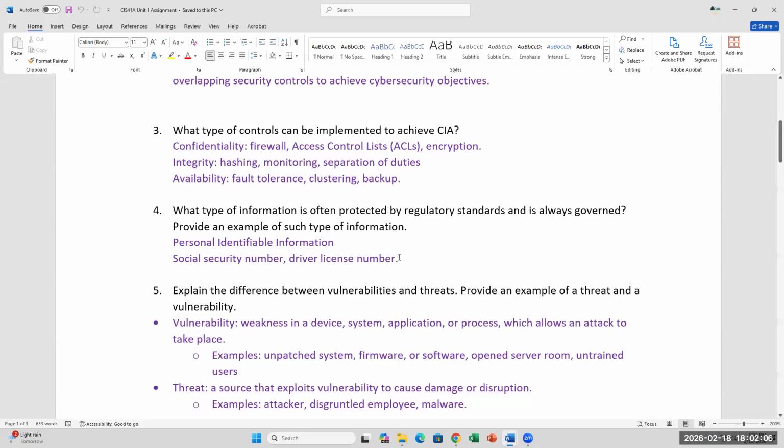Your driver license number, right? That really uniquely identifies who you are. So the information needs to be protected based on regulatory standards. Okay. So these are just some examples. Any questions?